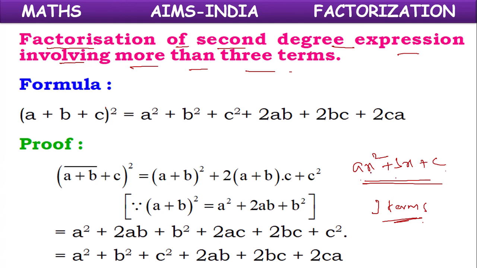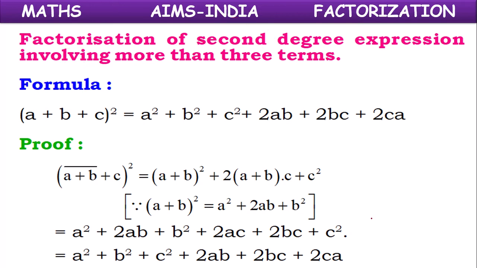As the highest power is 2 here, this is called a second degree expression, or we can also call it a quadratic expression. So we have learned the process of factorization of quadratic expressions having three terms.